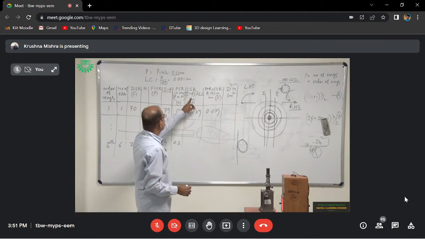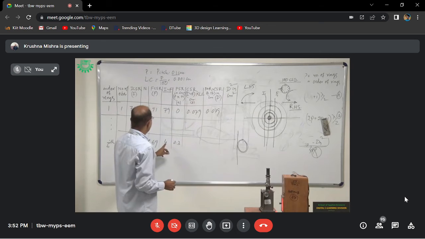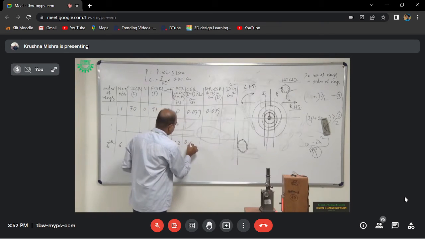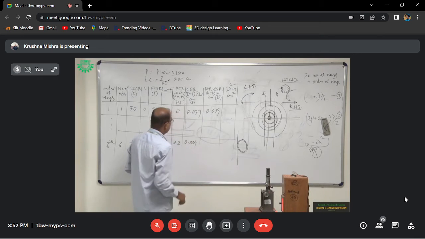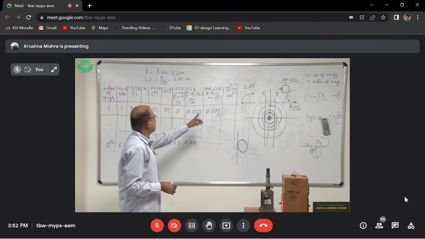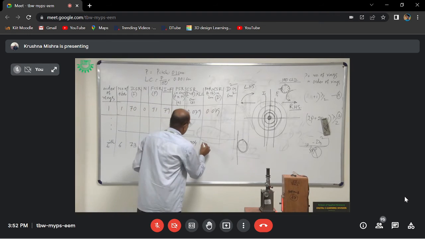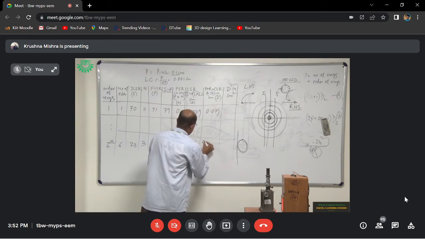Then CSR, difference into least count, the difference gives 4, so it becomes 0.004. Then PSR plus CSR, that is 0.3 plus this CSR, is 0.304.